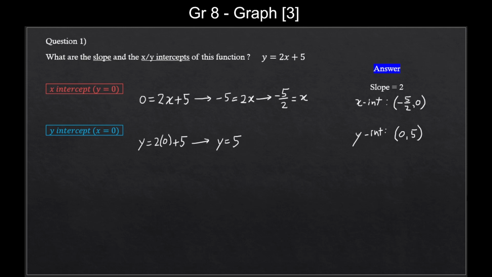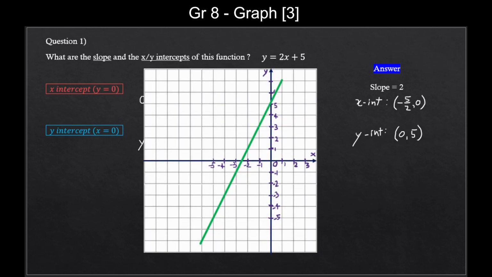But can you believe this? We answered everything already when we didn't even draw the graph yet. Now, let's check how the graph looks. This is the graph for our function y equals 2x plus 5.